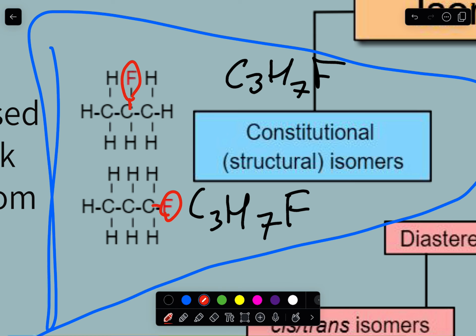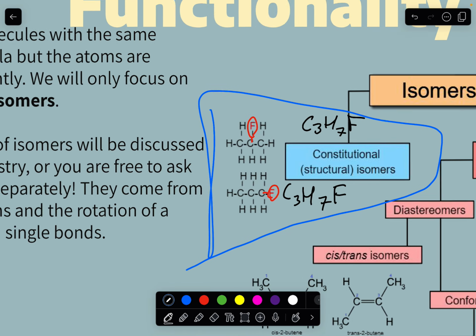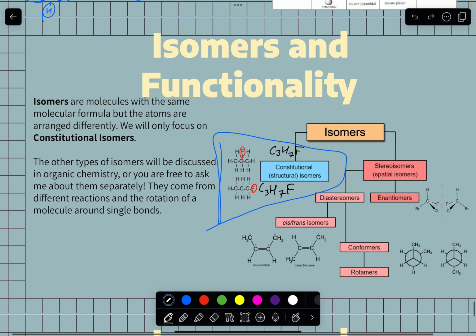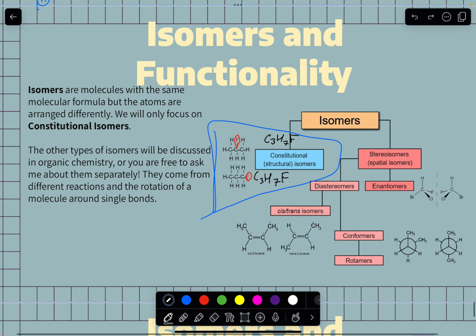The bottom one, the fluorine's on the right carbon. So even though they have the same formula, the bonding is different. The atoms are arranged differently. So that makes it an isomer, a constitutional isomer. Okay, so that's all you need to know about isomers. It's the same formula, but arranged differently.